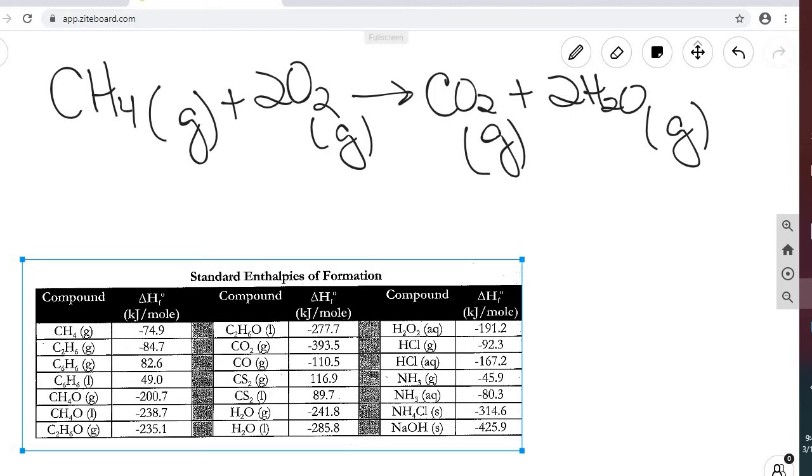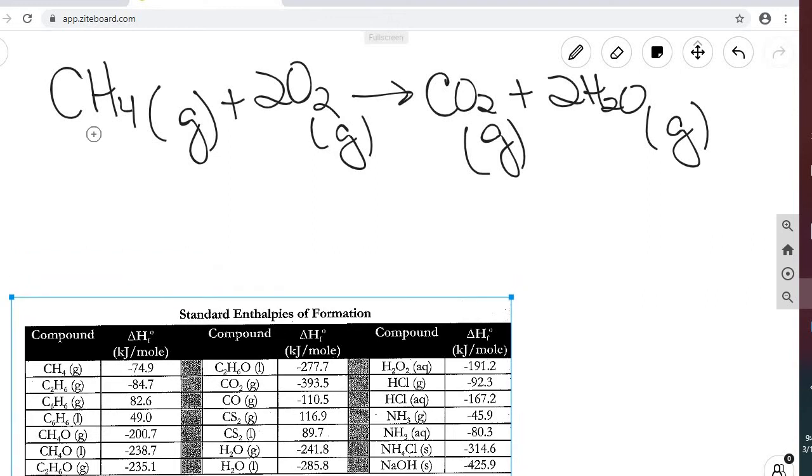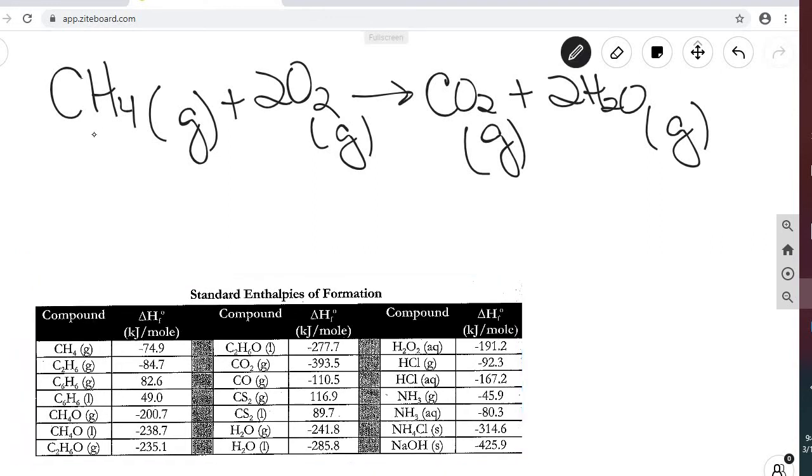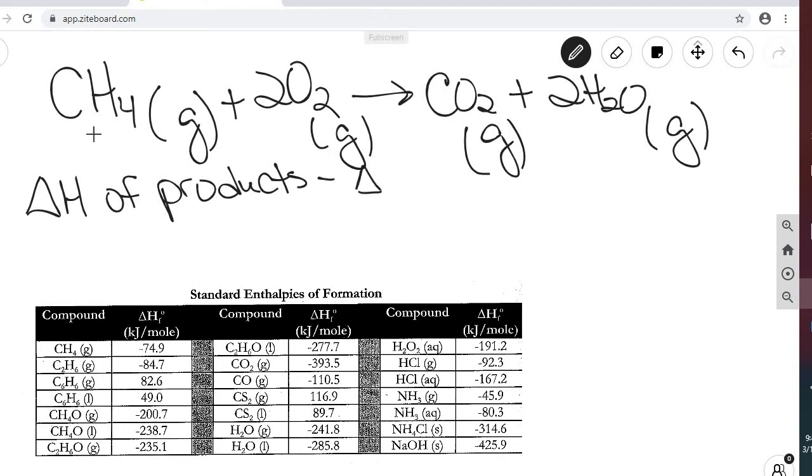Your book makes this a little more complicated than it needs to be, but what you need to remember is that to get the delta H of a chemical reaction, we take the delta H of the products minus the delta H of the reactants.